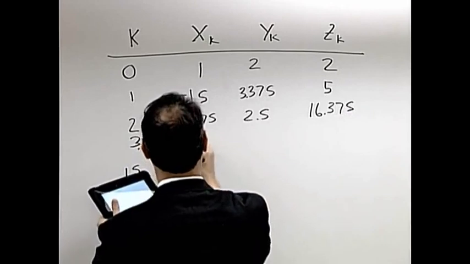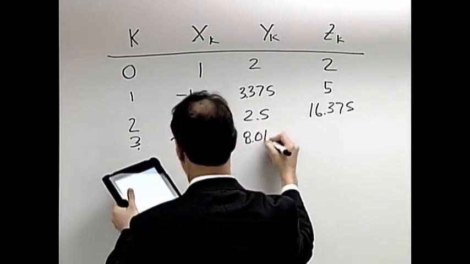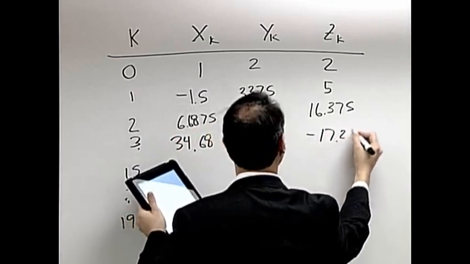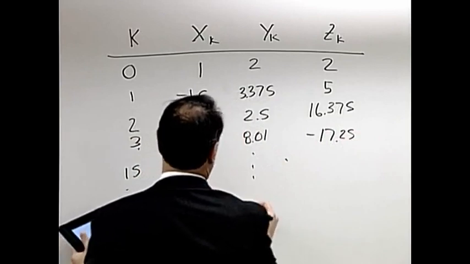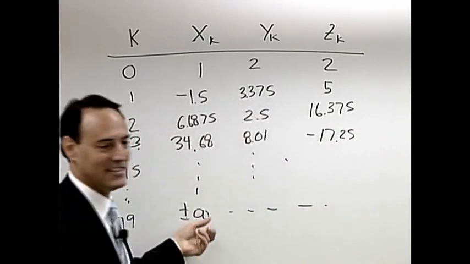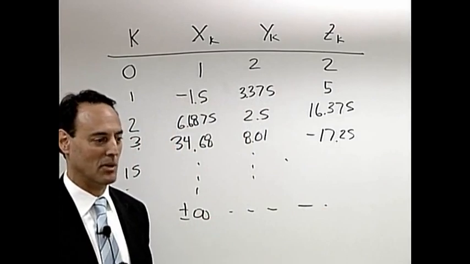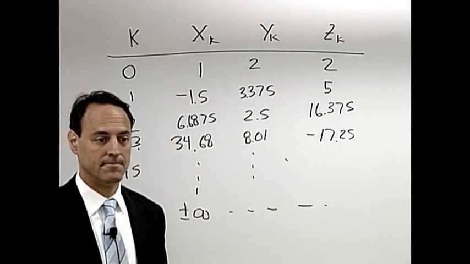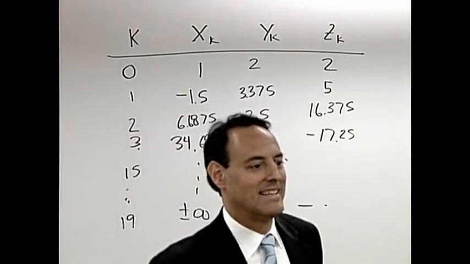After iteration 3, 34, 8.01, negative 17. And that's kind of bad news. You just keep iterating and your numbers just blow up. What a letdown.